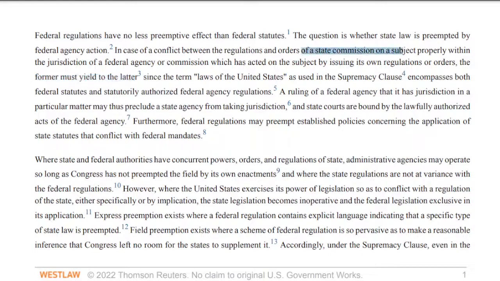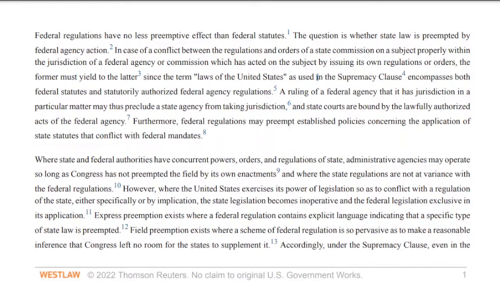So, state commission on a subject properly within the jurisdiction. So regulations and orders of a state commission on a subject properly, right? There's a conflict between regulations on a subject properly within the jurisdiction of a federal agency or commission which has acted.